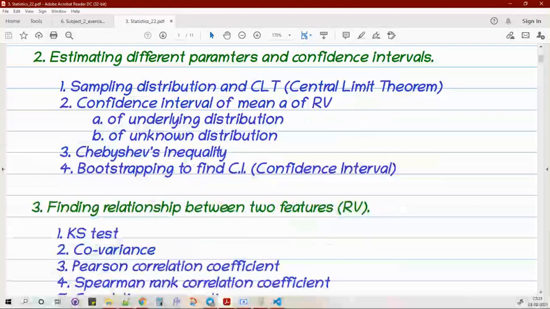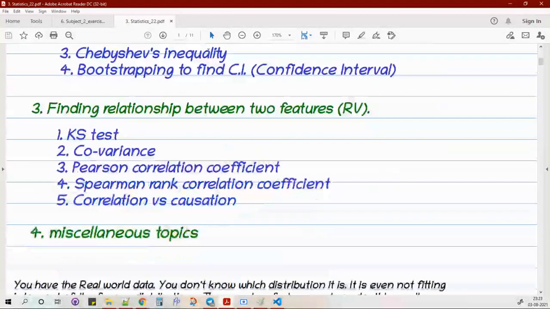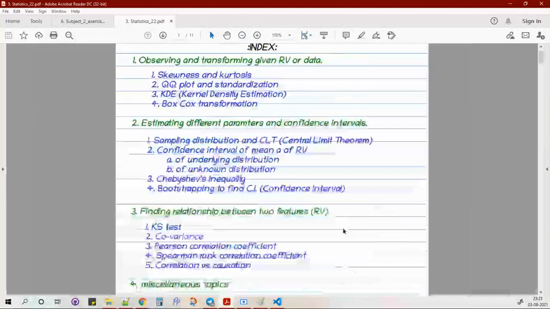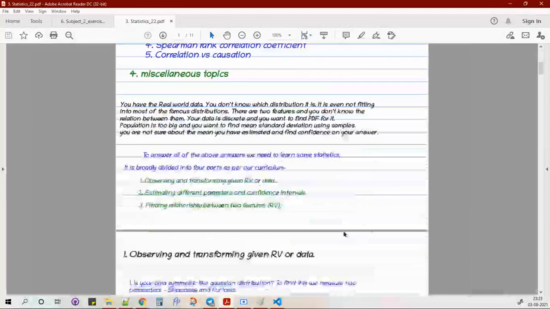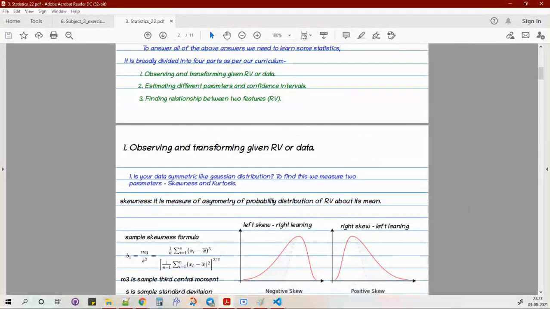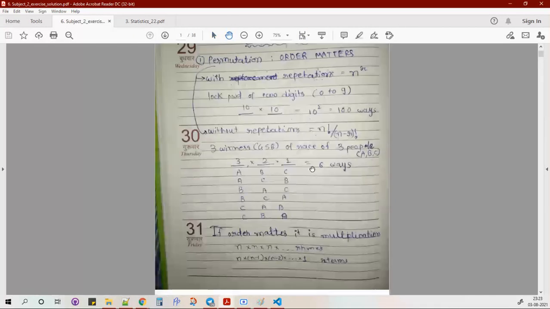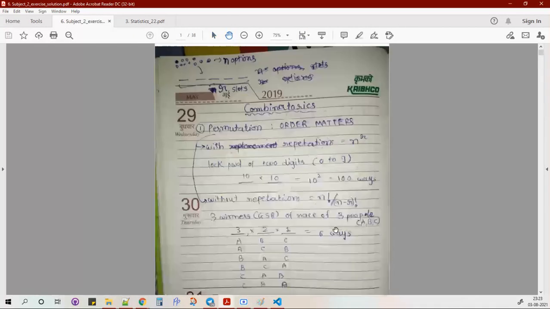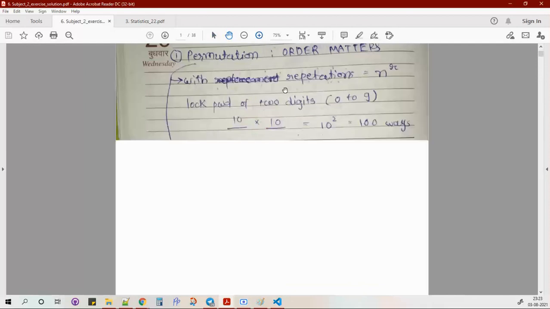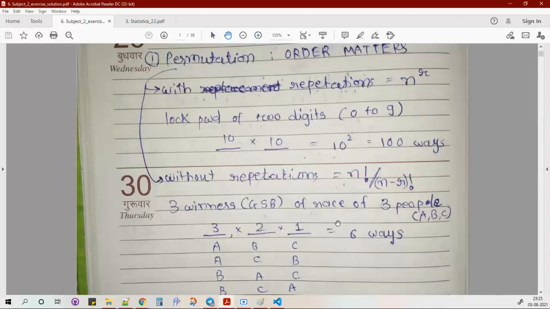Okay guys, is there anything else? Otherwise, the whole of statistics is covered except hypothesis testing. There was one topic I decided for today: the revision of the combinatorics formulas, with repetition and without repetition. This would be useful. It's your call, guys.